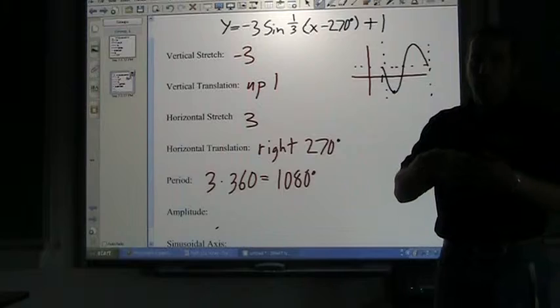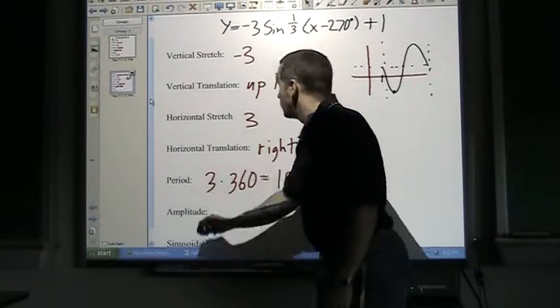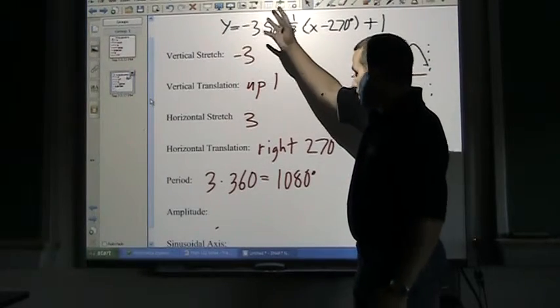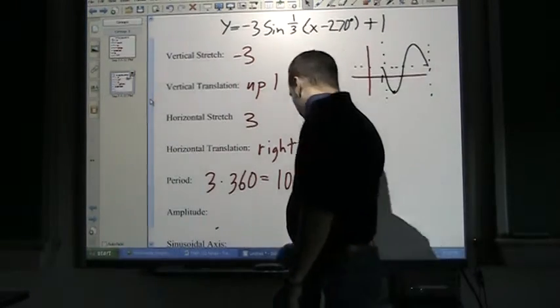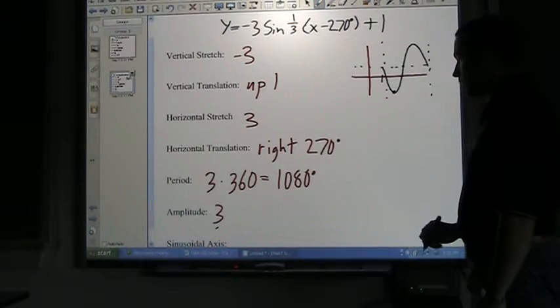It doesn't care whether it's up or down. This is in absolute terms. So for this, it's not -3, the amplitude is 3. So there's 3 for our amplitude.